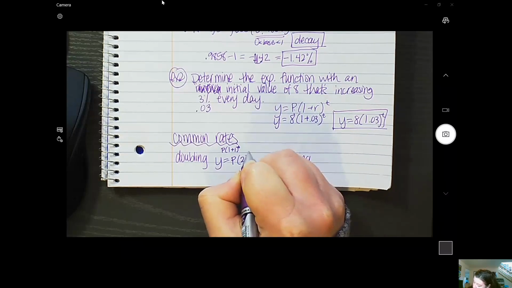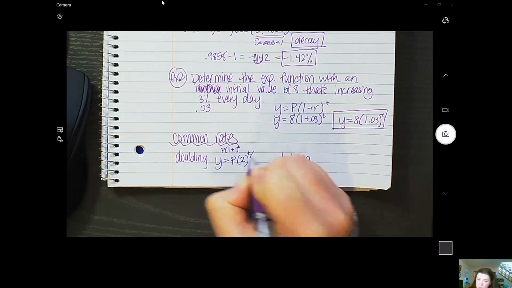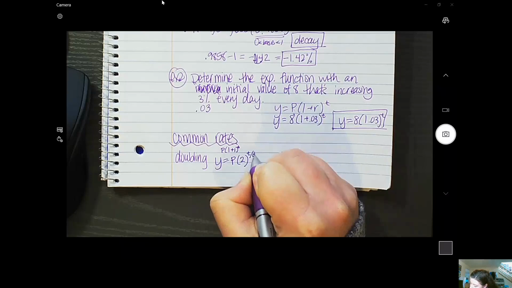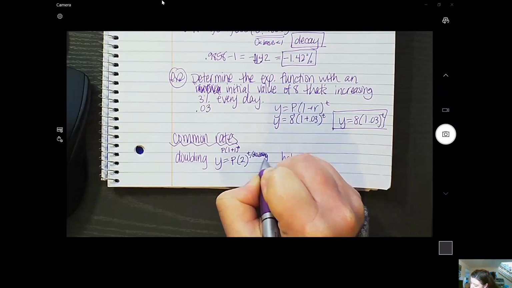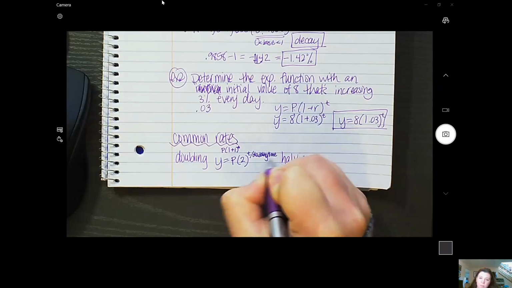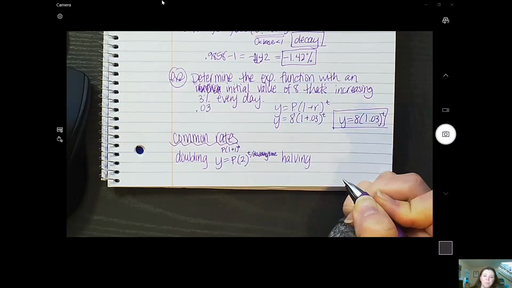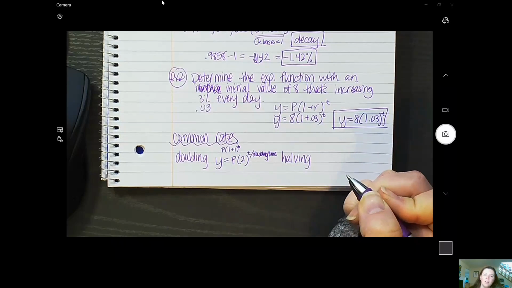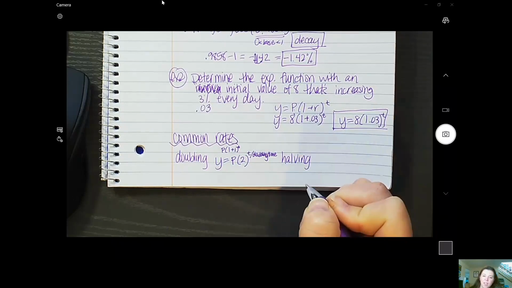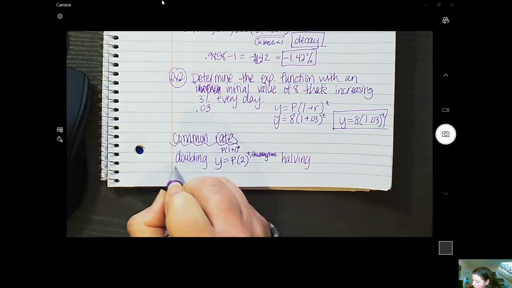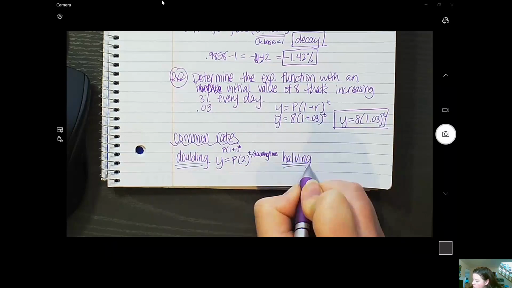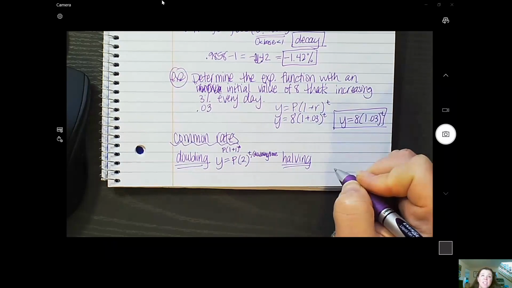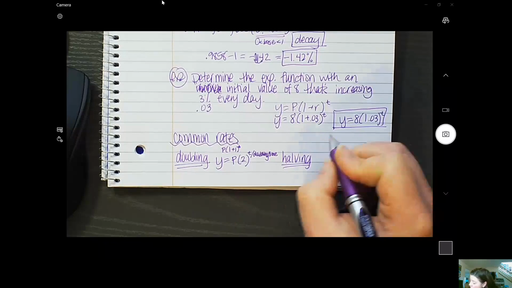Okay, now up in the exponent, I want you to put the t, but then I want you to divide that t by doubling time. And I'm writing it really small because it's all up there in the exponent. We're going to talk about that in just a second. But let's talk about halving. So that was doubling. Now, when you cut stuff in half, that means that you're going to take away 50%.